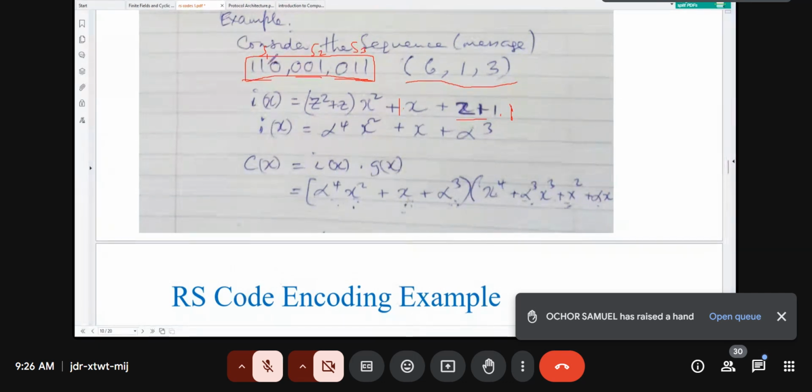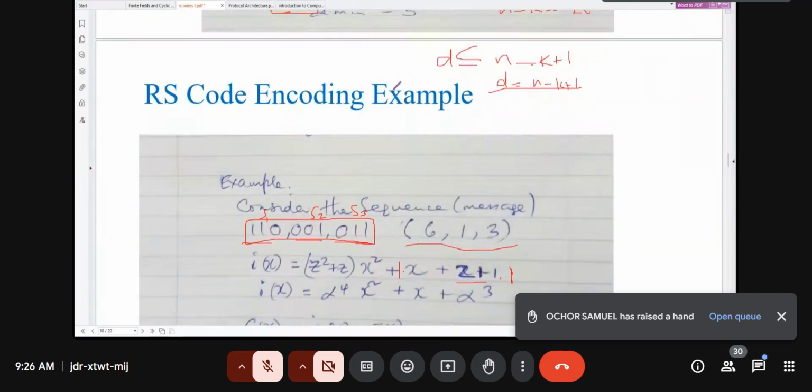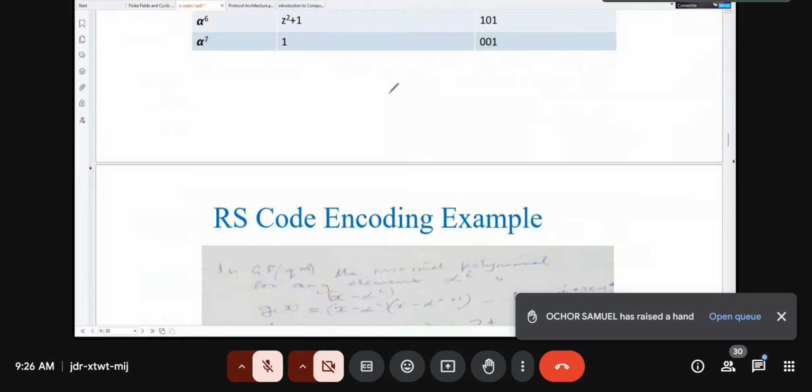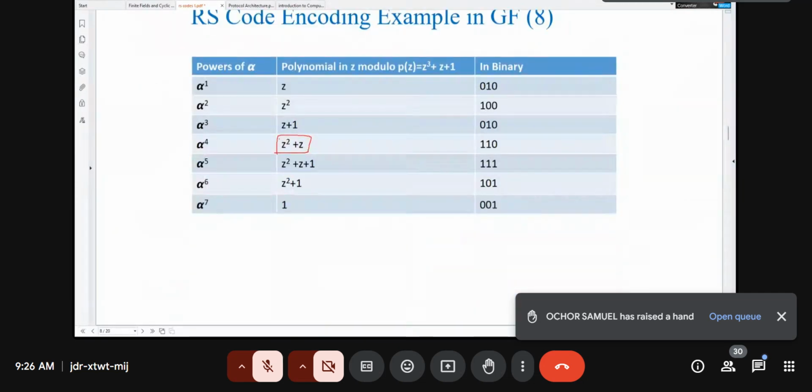But those 3 symbols will just be combinations of these bits. And we are saying this is Z squared plus Z, and the other part is just 0. So when you say Z squared plus Z, it means this part, and the other part is 0.